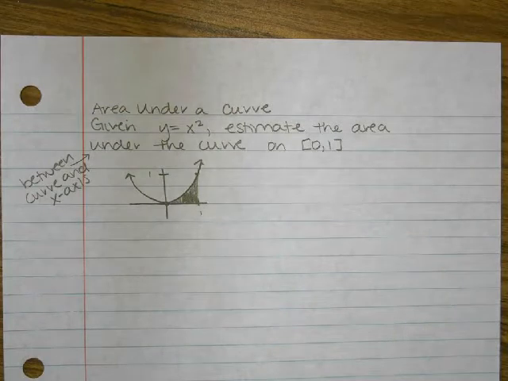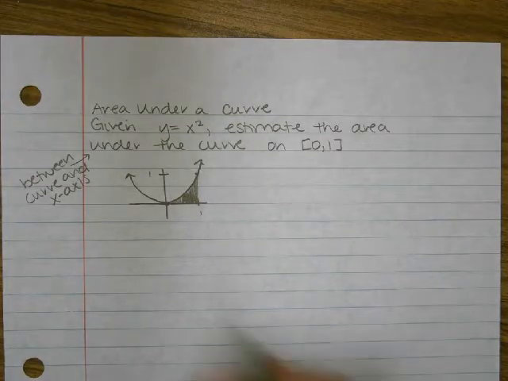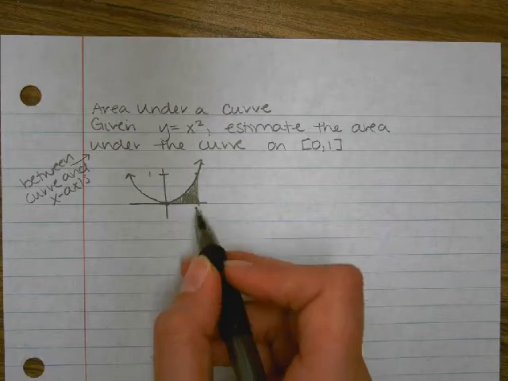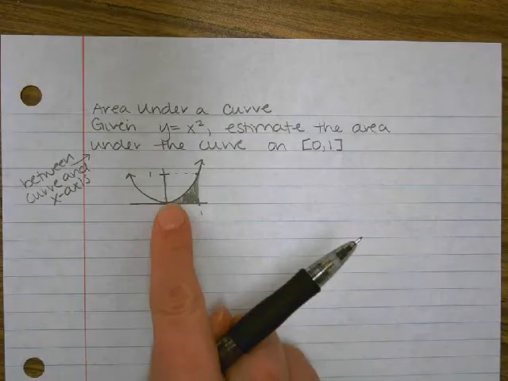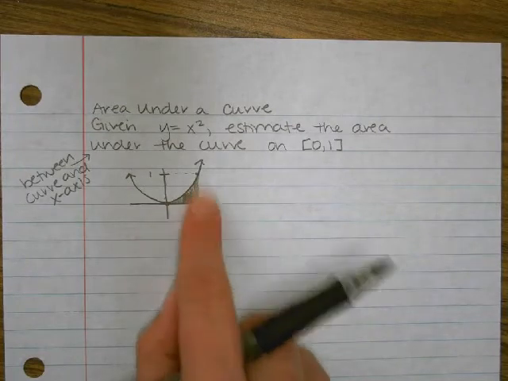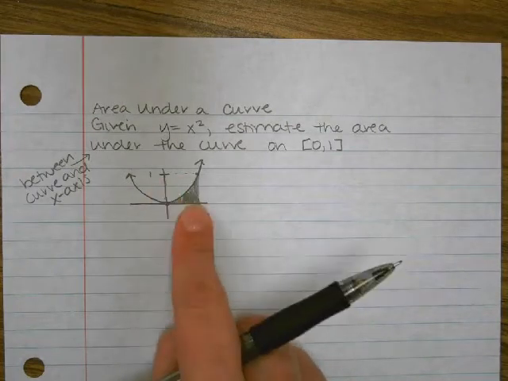So what I want you to do is go ahead and pause the video and write a prediction about what you think the area underneath that curve could be. You're probably not going to be able to get the exact answer right away, just make a good prediction. So if we think about this square right here, the area of this square would be 1 by 1, so that has an area of 1 unit.